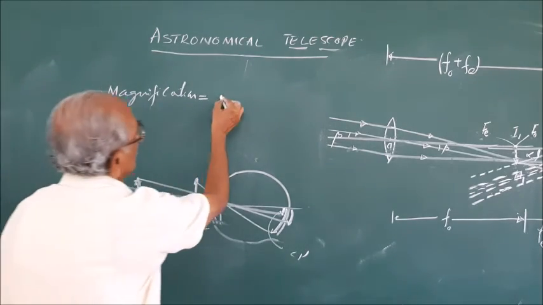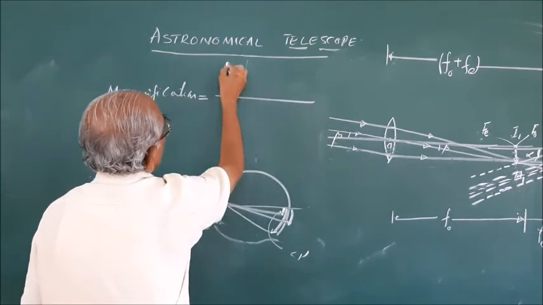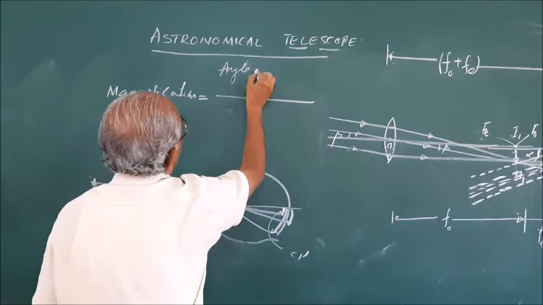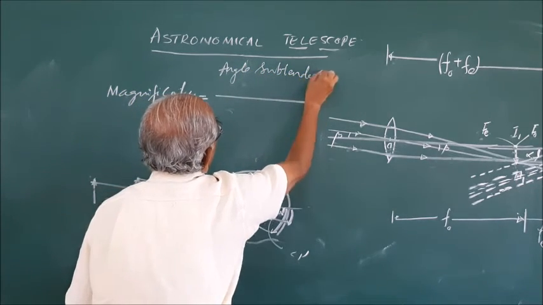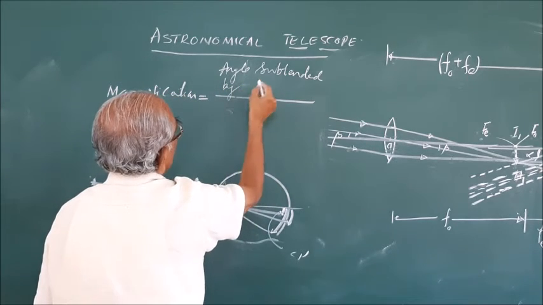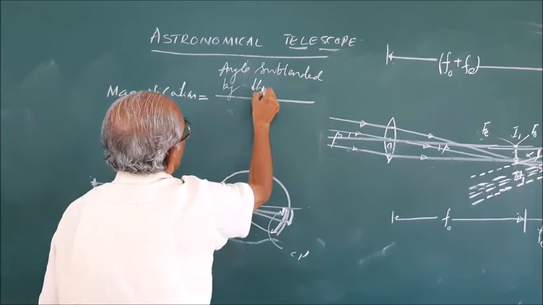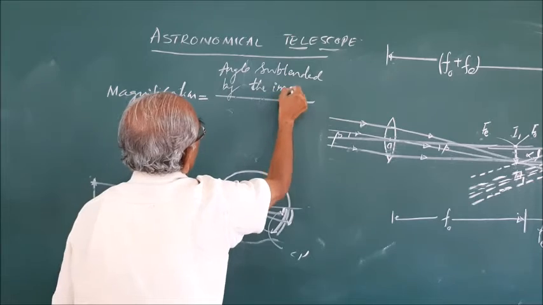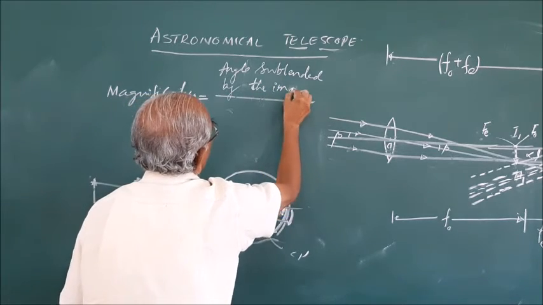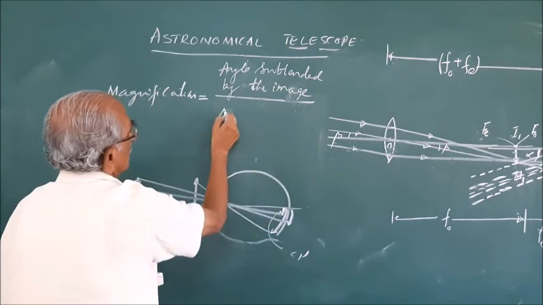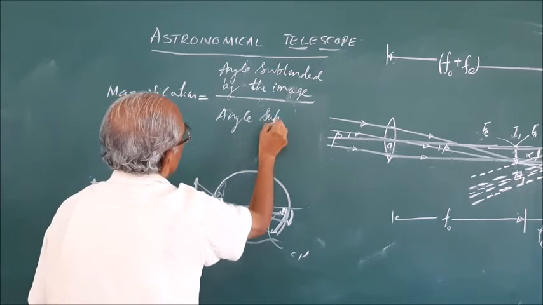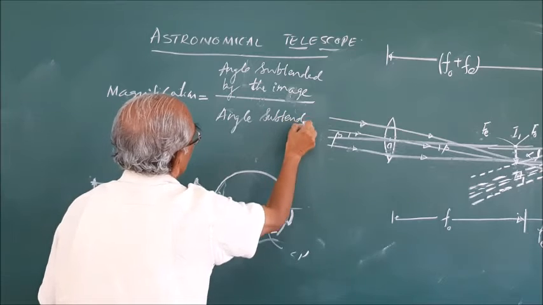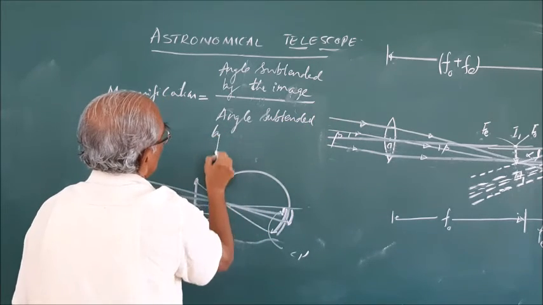So, here magnification is defined as the angle subtended by the final image to the angle subtended by the object.